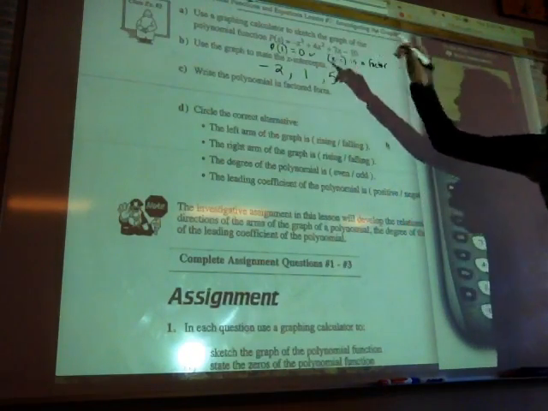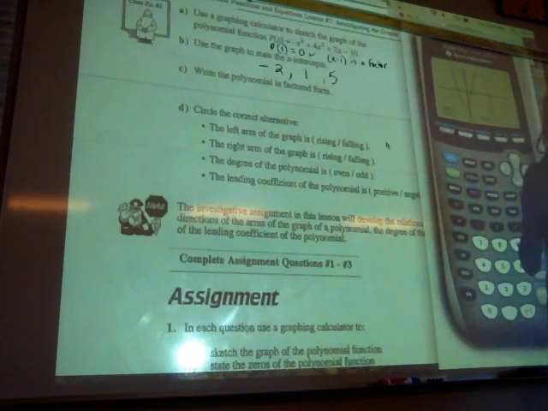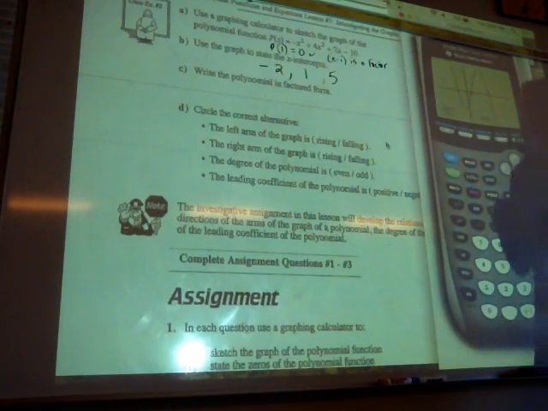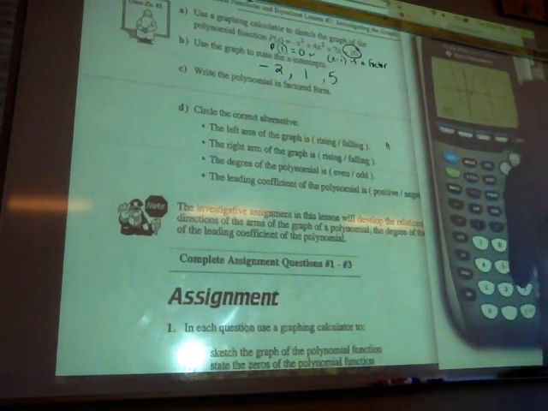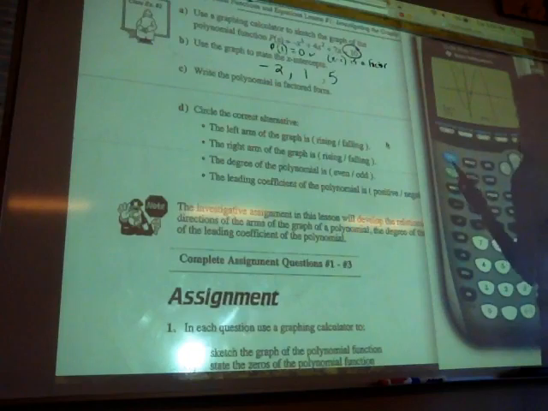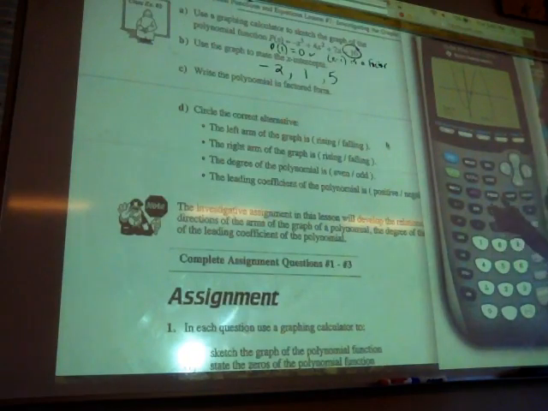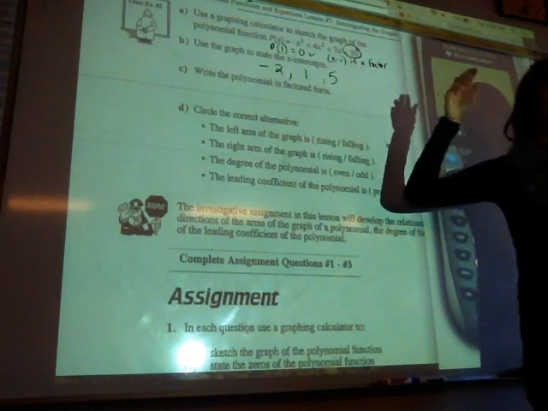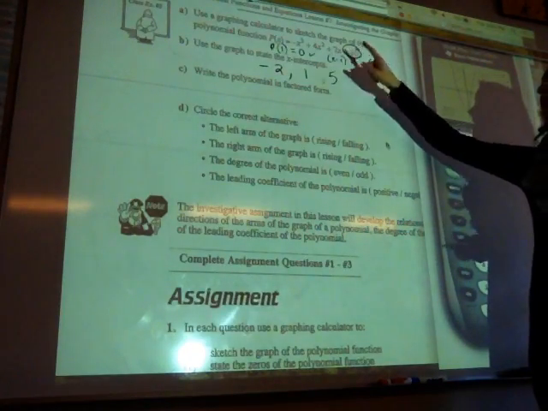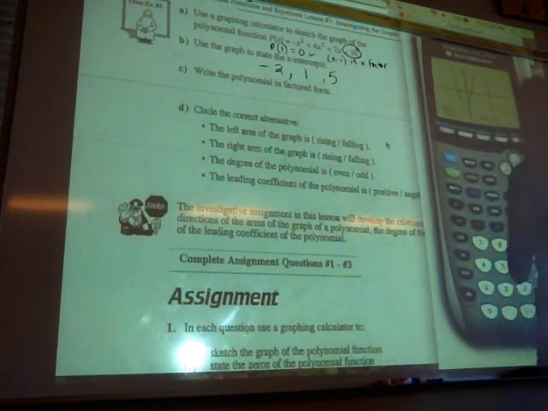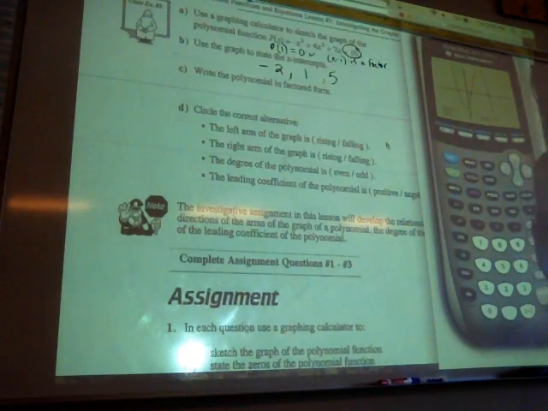Now, how do I know to guess 1 or negative 1? Well, you look at the constant in the polynomial, and 1 and negative 1 will be factors of every single number that we ever have for a constant. So that's why it's good to always pick 1 or negative 1, because it might be a 0. Other than that, factors of 10 would be 1, 2, 5, and 10.